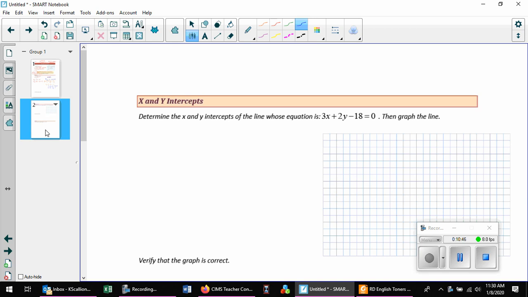All right, x and y intercepts. So what's an x-intercept? Where the line meets the horizontal axis, right? So if I had a graph and it went like this, that's my x-intercept. What do we know happens at our x-intercept? Y is 0. Right?